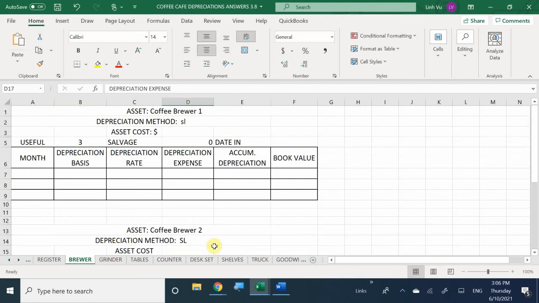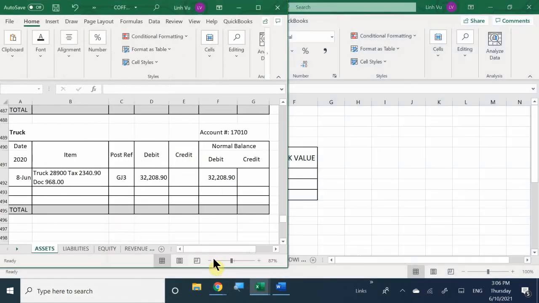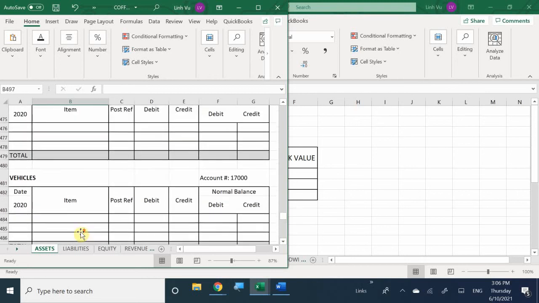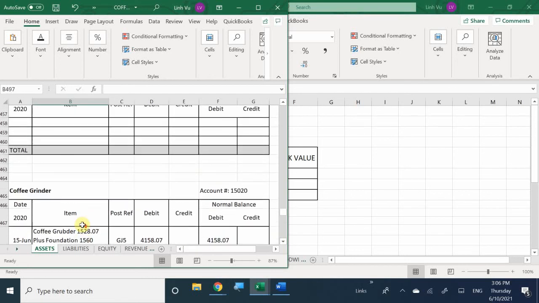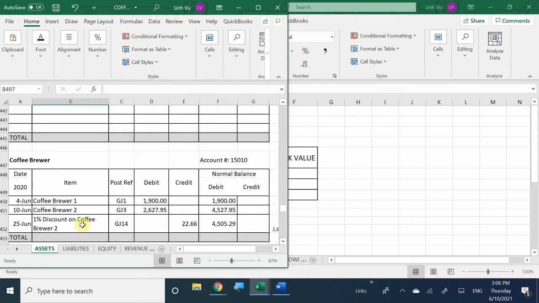All right, so let's take a look at where we can find our actual cost for each coffee brewer. We go to the ledger, and let's go up to my equipment. Here we have it, coffee brewers.